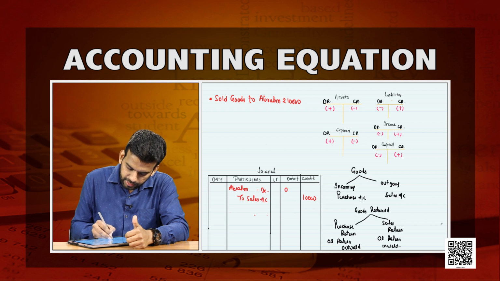Why Abraham is debited? Because the party's name is mentioned, and when the name is mentioned, that means the entry is on credit. Abraham didn't pay to me, Abraham is my debtor, debtor is an asset, asset increases from debit side. Is it clear? Or simply, when sales is credited, Abraham would be debited. So simple.